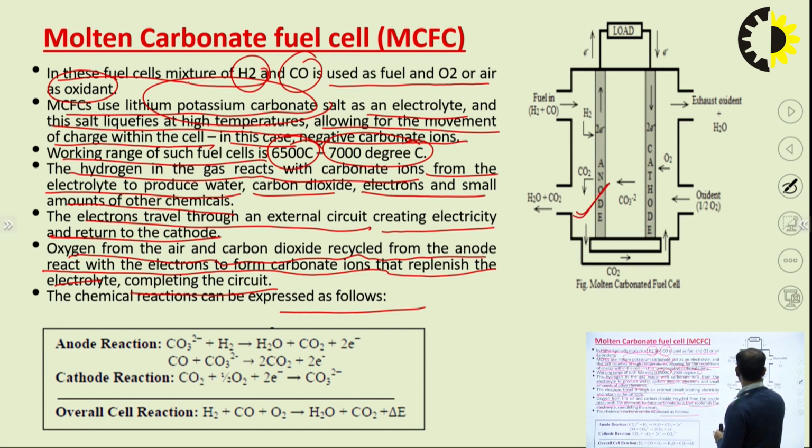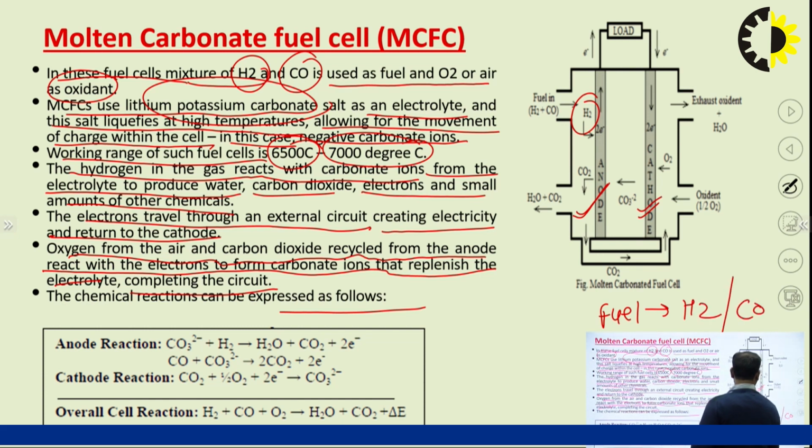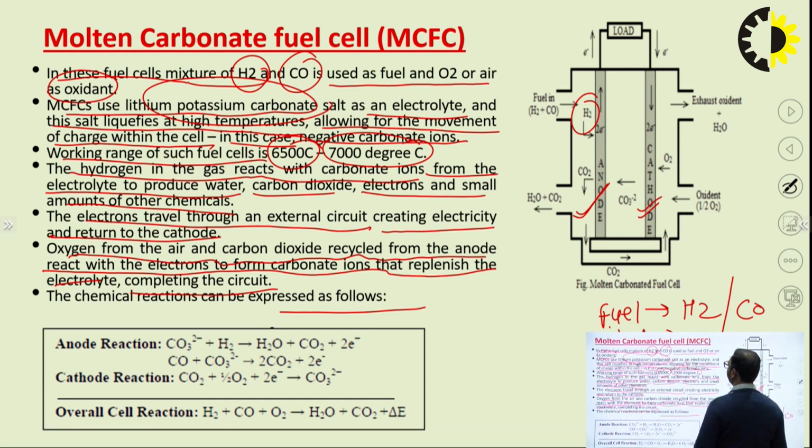It is made up of, basically, this is anode and this is cathode. Here we can use hydrogen or carbon monoxide as a fuel and oxygen or air as an oxidant. So here fuel is hydrogen or carbon monoxide, and oxidant is O2 or air.